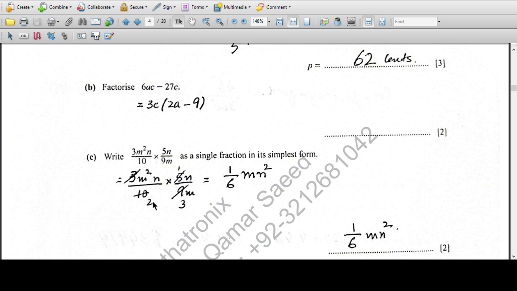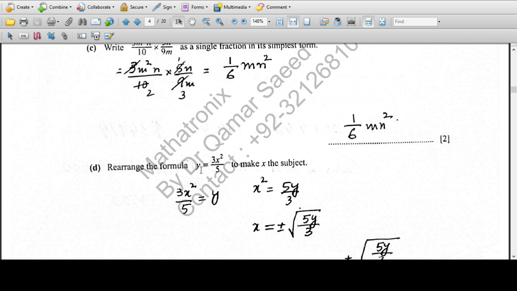So 2 will be here, and in the proportion this m can be reduced with this m. So the power of m will be 1, only m, and n is n square. In the numerator we have coefficient 1, and here in the denominator 3 to the 6. So the simple single fraction is 1 over 6 m n square.